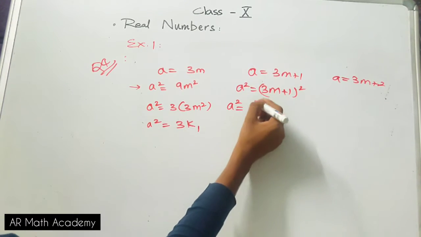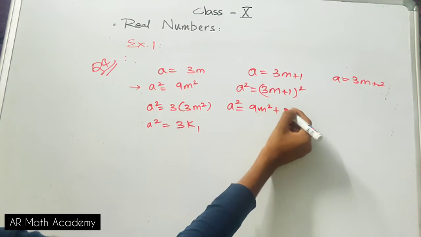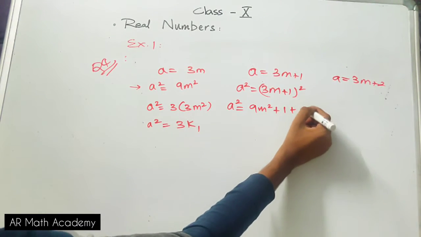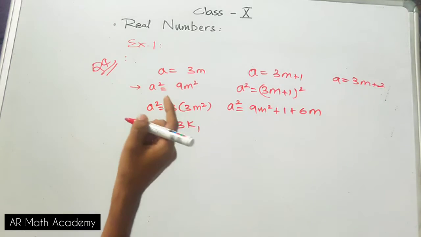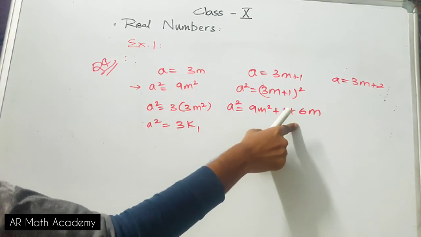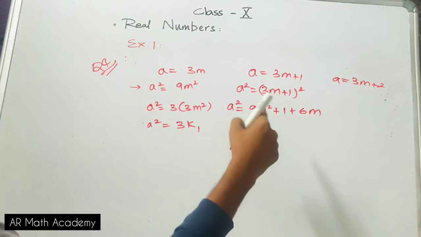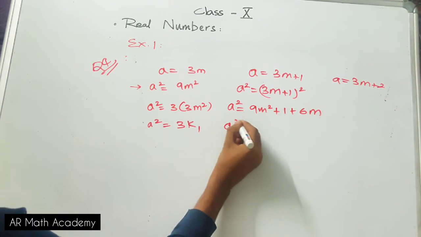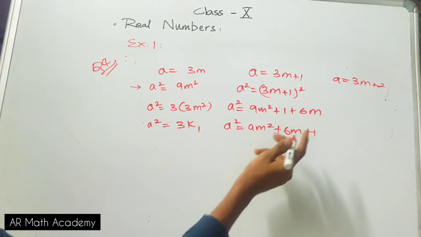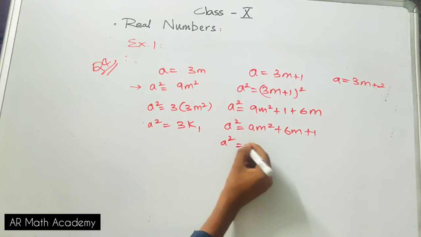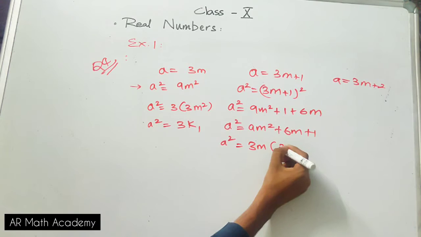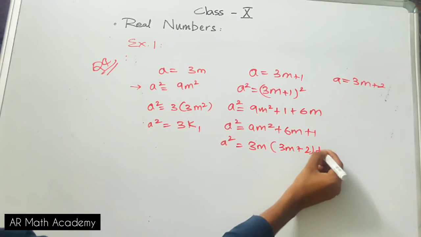So 3m the whole square will be 9m square, plus b square which is 1, plus 2 times a times b, 2 times 3m times 1, which is 6m. So a square equals 9m square plus 6m plus 1. Take these two and take the common factor out: 3m is common, and what is left over is 3m plus 2, plus 1.